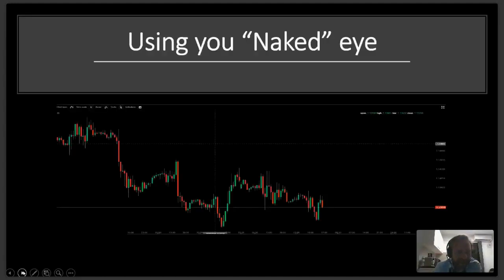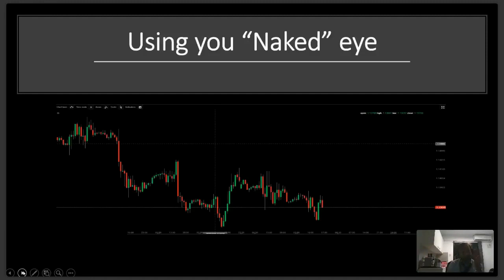Okay, now this is the euro dollar on an hourly chart. So we look at it with our naked eye, just our naked eye. I would ask the question, currently looking at this, is the euro dollar on an hourly rate on a downtrend?